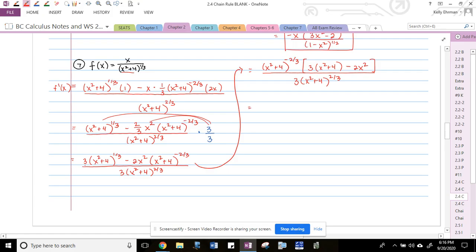And then here's where things consolidate a bit, because in the numerator you have x squared plus 4 to the negative 2/3, which will move down to the denominator. And when you multiply two like bases with exponents, you add their exponents. So in the denominator, you have 3 times x squared plus 4 to the 4/3, once I move that down.